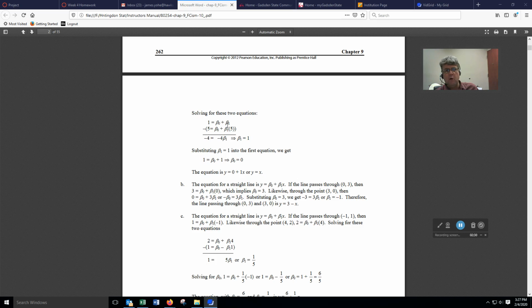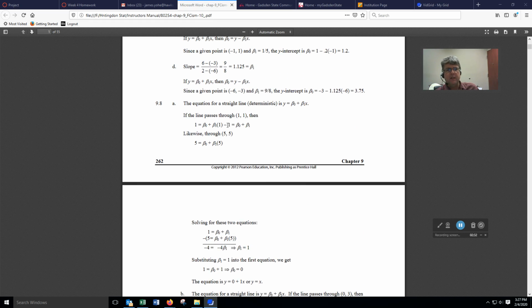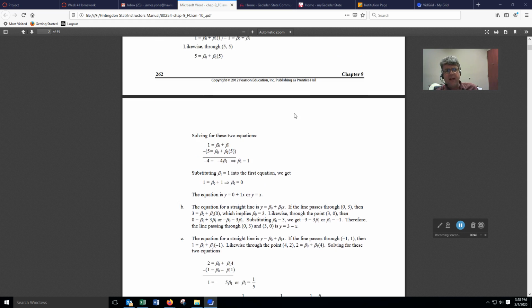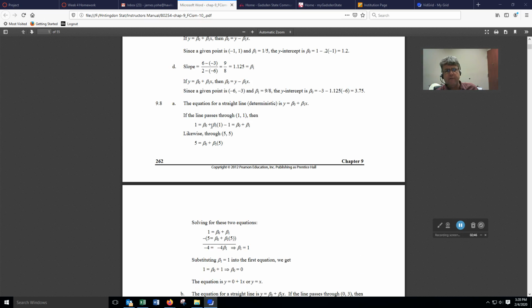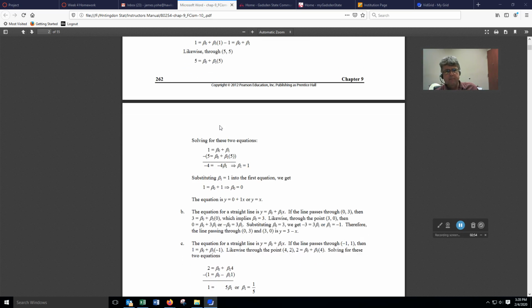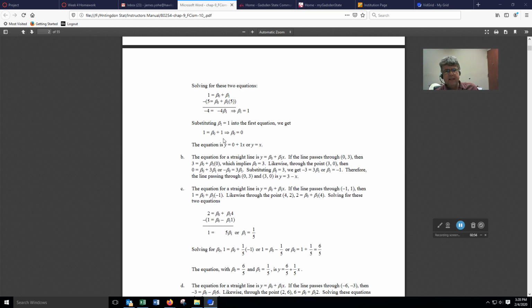So the slope of this regression line, beta 0 plus beta 1 times x, the slope of that, beta 1, is 1. Once we have that, we can stick that 1 into any one of the equations, and we chose the first one here. 1 is equal to beta 0 plus beta 1 times 1. We stick that 1 in there.